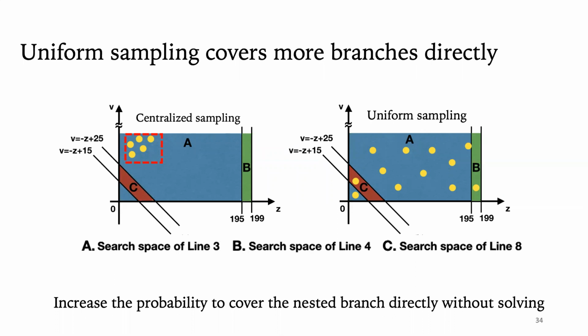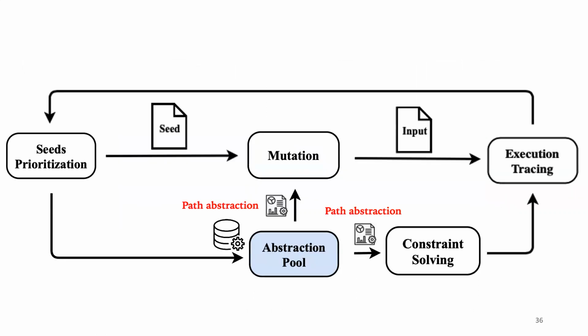Therefore, fuzzing still needs to apply constraint solving to cover these two branches. With uniform sampling, however, we could directly cover this condition without applying the constraint solver again. With the guidance of path abstraction, we can generate new input satisfying the constraint. We named it constraint mutation.